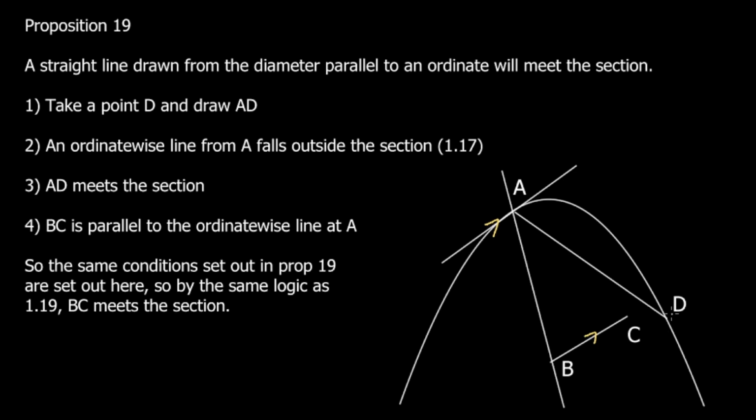BC will cross DA at some point because DA is not drawn parallel to BC. So it could either cross within the section or outside of the section. If it crosses outside of the section, then you already know that it's escaped the section and therefore has intersected it at some point.